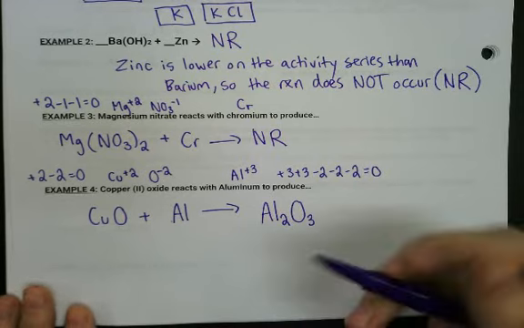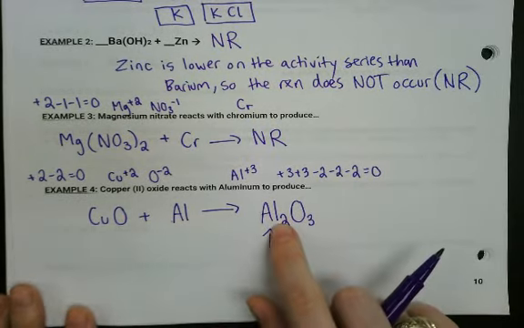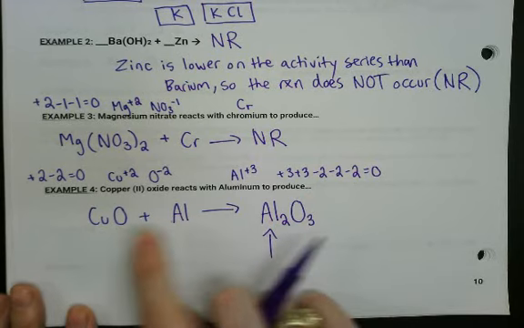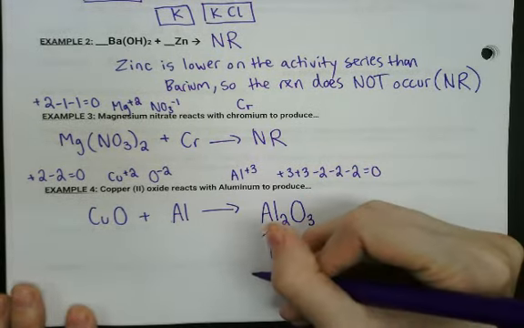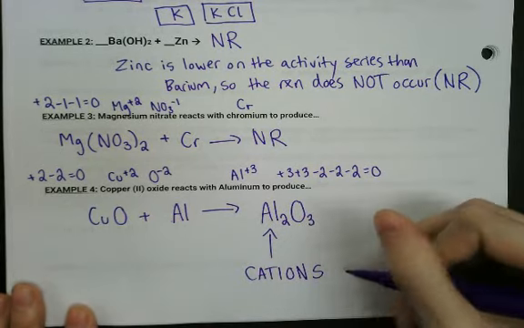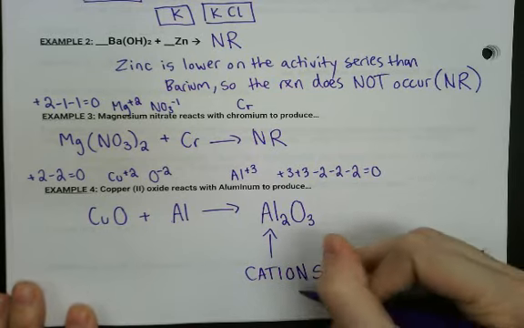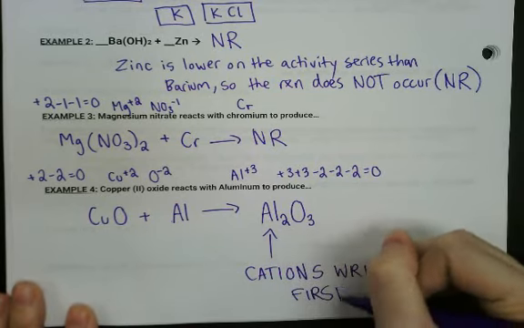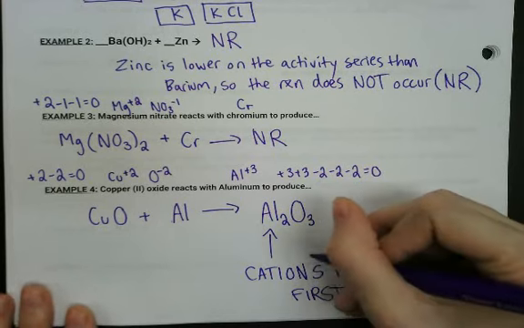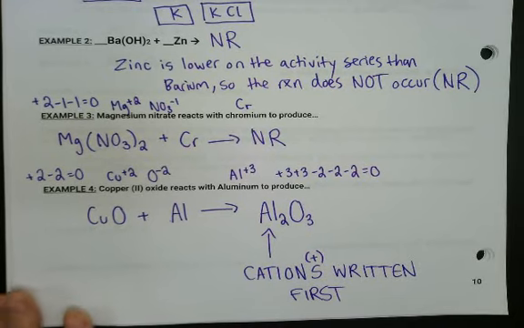I also want you to note that I wrote aluminum first when I replaced copper. This is because when we have an ionic compound, we always write our cations, our positively charged ions, first. And that is just what I did here for aluminum oxide.